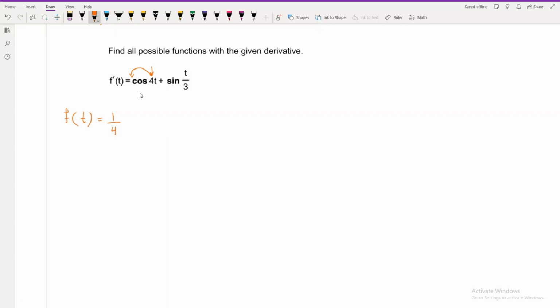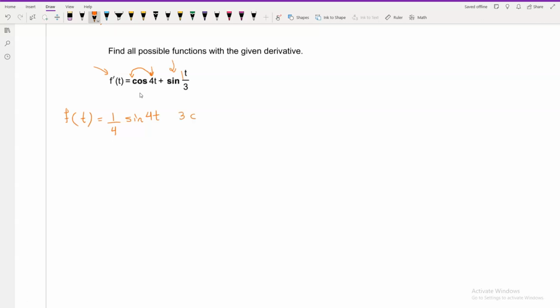Then here we have cosine, I'm going to use sine 4t. Note that the derivative of cosine is negative sine, but here what we have on top, that part is the derivative. So I'm not going to have a negative for f of t. And then here we have sine. So in this case, we're going to have a negative. Do the same thing. Here we have 1/3 times t. The reciprocal of that one is 3.